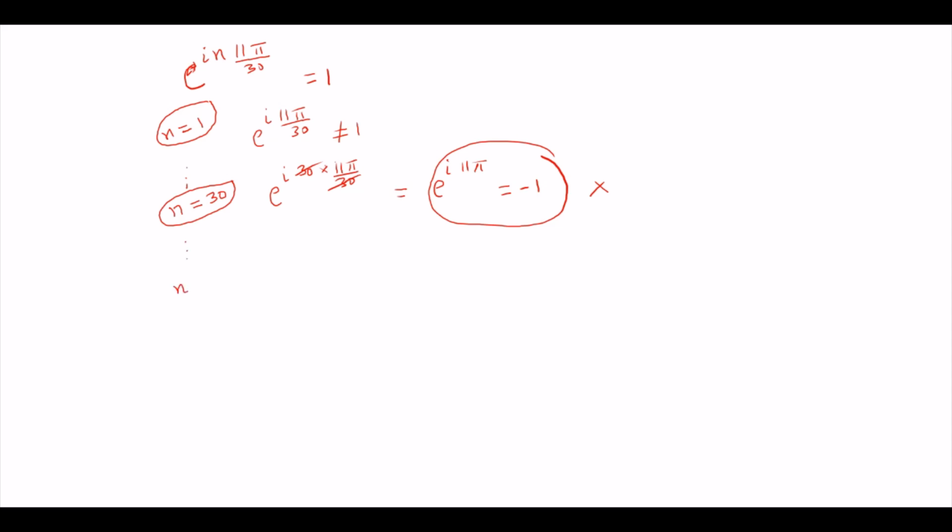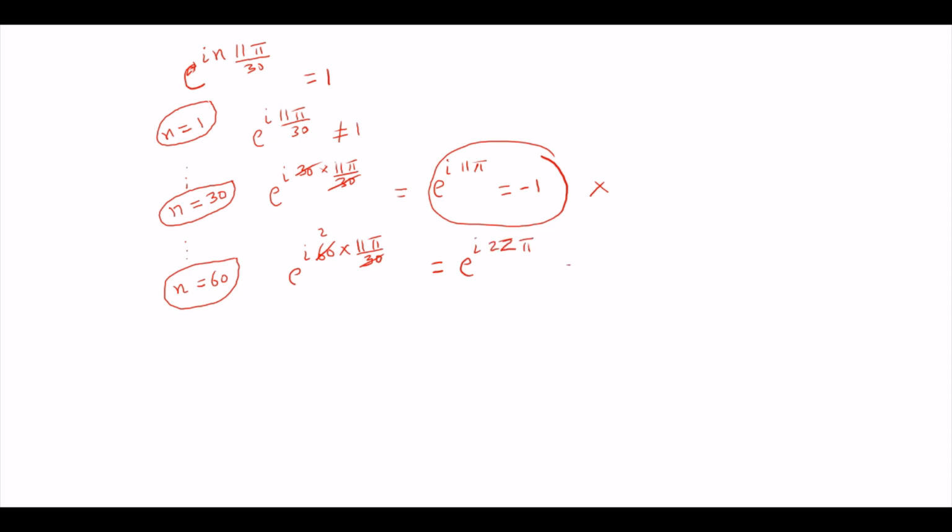Suppose you take n equal to 60. Between n equal to 30 and 60, you will not get 1. So when I put n equal to 60, this is 60 times 11 pi by 30, so this is 2 times 11 pi. So e power i 22 pi.